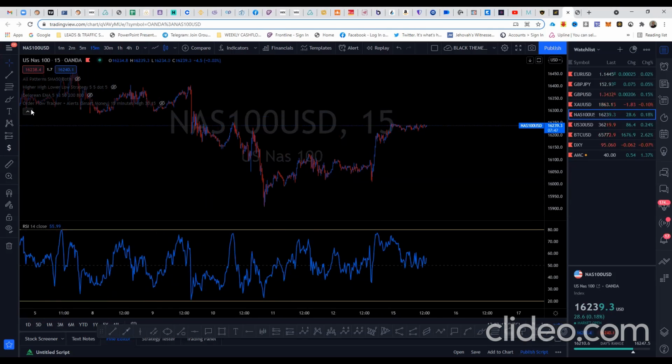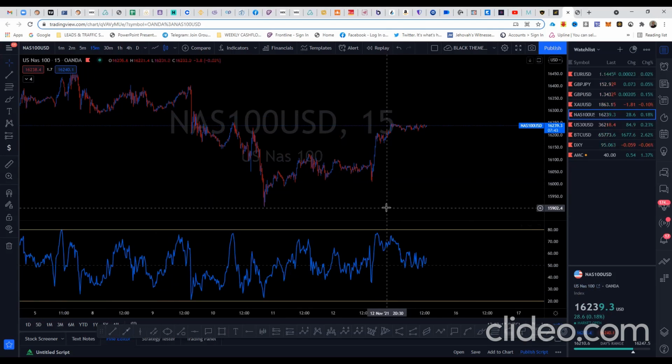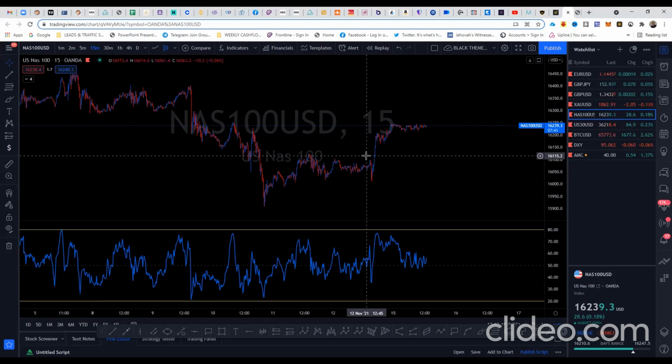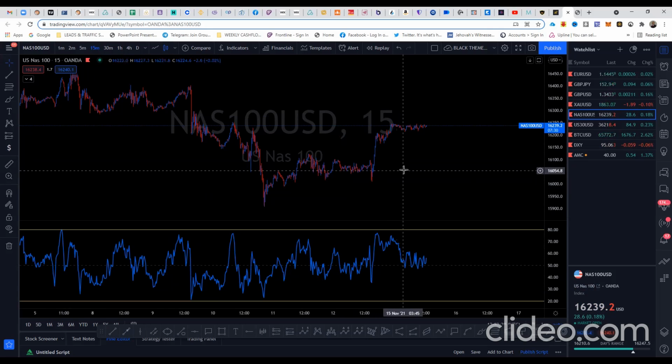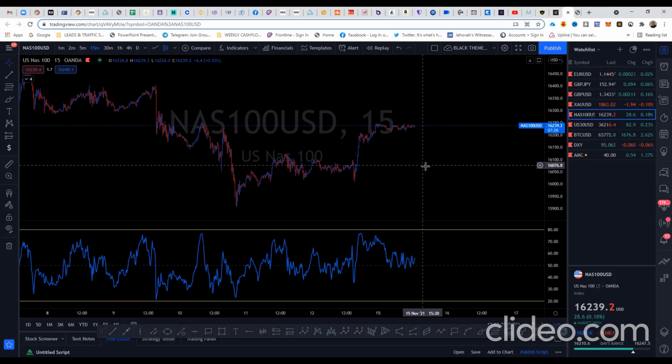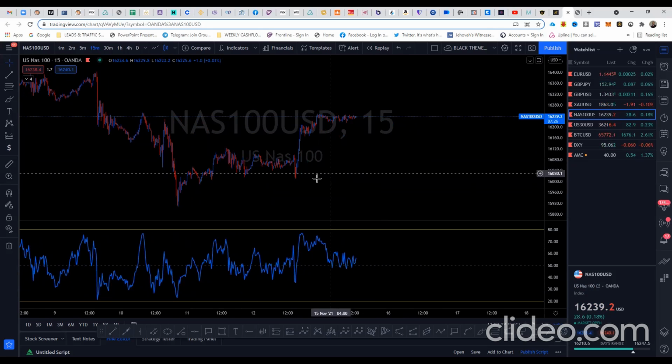So the first thing we're going to do is mark up market structure from the 15-minute to the 4-hour time frame. Then we're going to identify the trend on the 15-minute time frame, and then locate imbalance candles and imbalances in the market and figure out exactly where price is going to head next.